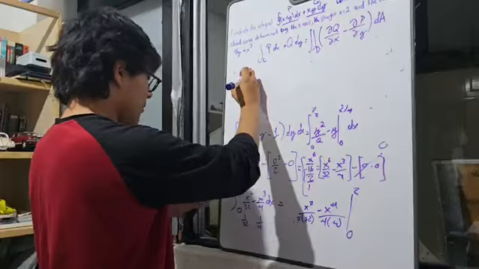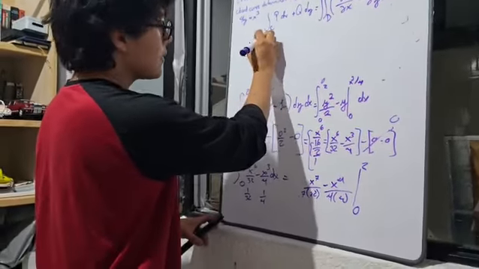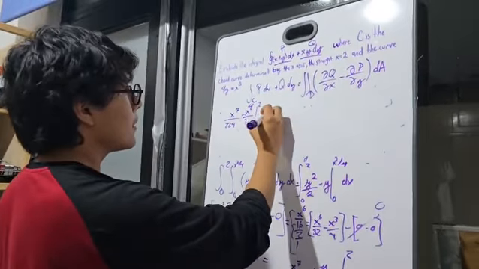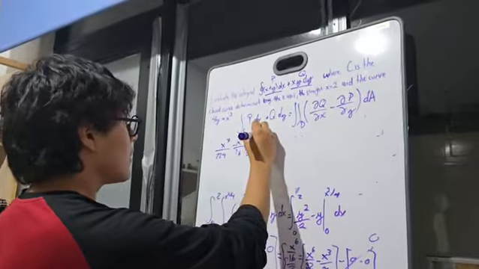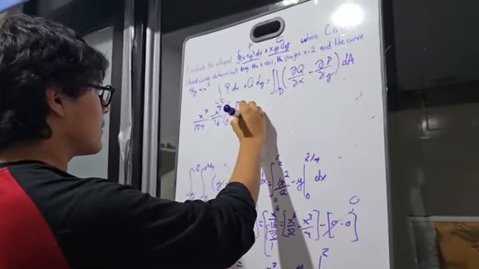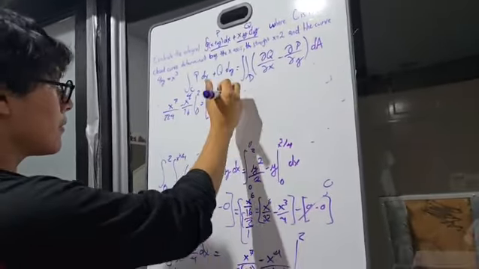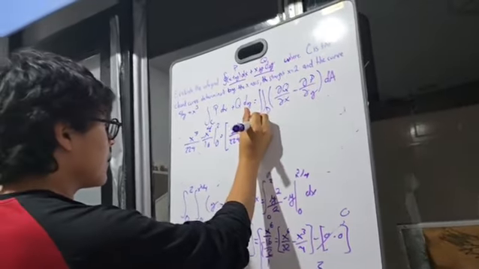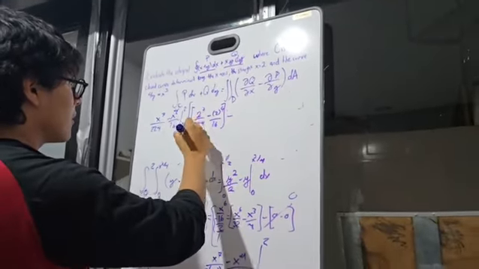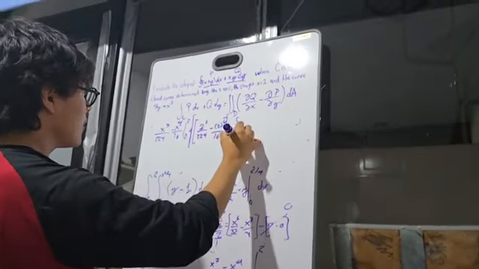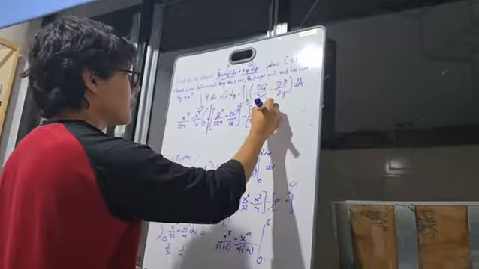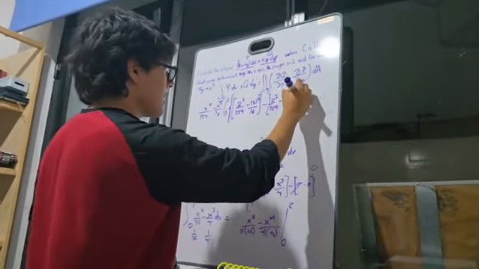This is going to give us x to the 7 over 224 minus x to the 4 over 16, from 0 to 2, and now we've got to replace. So it's 2 to the 7th over 224 minus 2 to the 4th over 16, minus 0 to the 7th over 224 minus 0 to the 4th over 16.